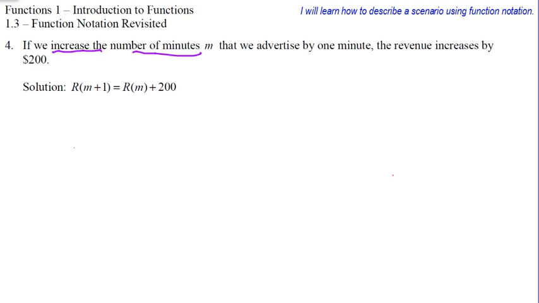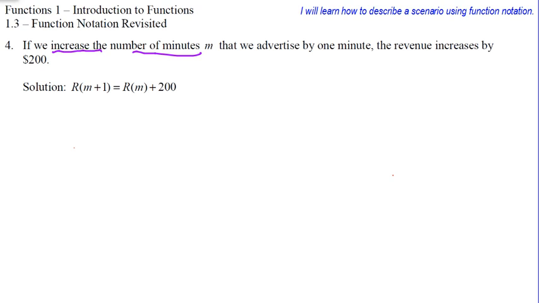So if we increase the number of minutes, M, because we really don't know how many minutes they're advertising, so we represent it as M for minutes, by 1 minute, not by $1, but by 1 minute, the revenue increases by 200.